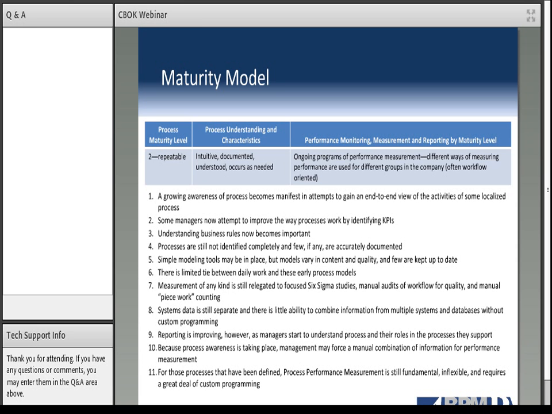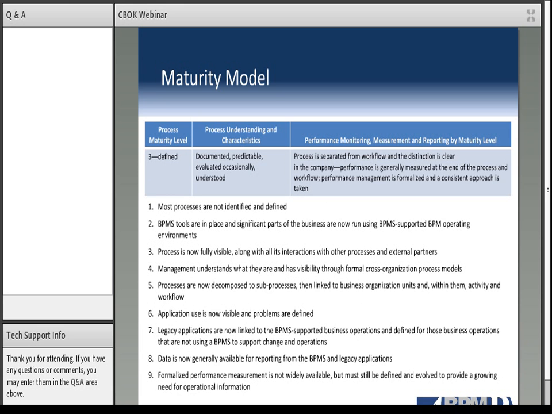So defined: now you're at the level where performance management is starting to be formalized, but measurement from a granularity standpoint is still not there. You're still looking at your process probably from a high level, not from a 360 view.